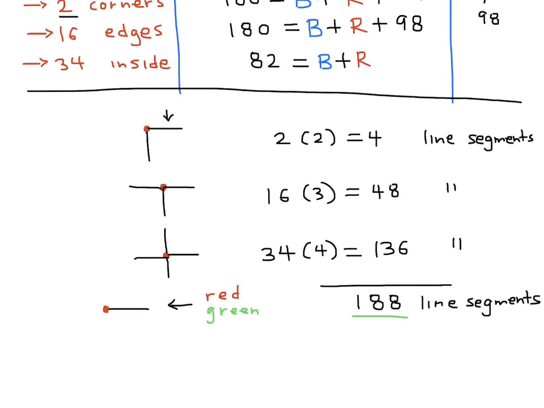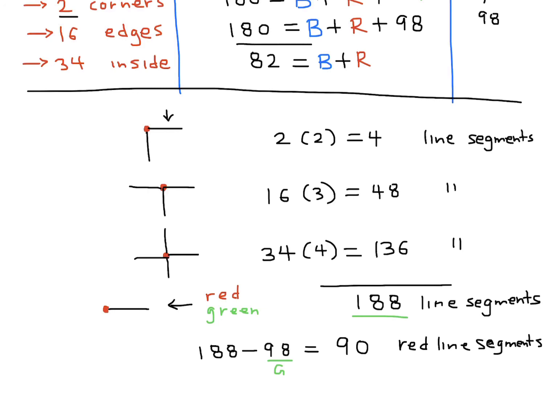So that means 188 minus 98 is how many red line segments we have. Because we figured out that the total number is 188, and 98 of them are green. So therefore, 188 minus 98, which is 90. 90 red line segments. Okay?